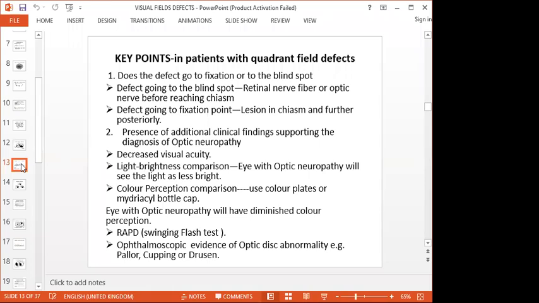Pallor looks whiter than the other side. Then cupping: a cupped disc also looks whiter than the other side. A cupped disc means glaucoma is hammering there. The vision will be less there than in an uncupped disc. Those are the things we look at.